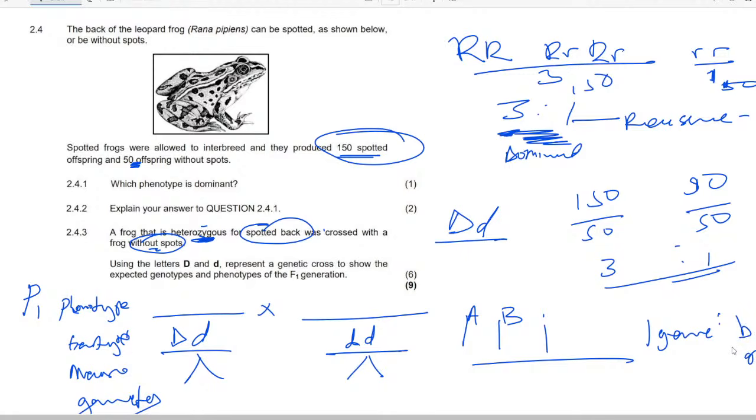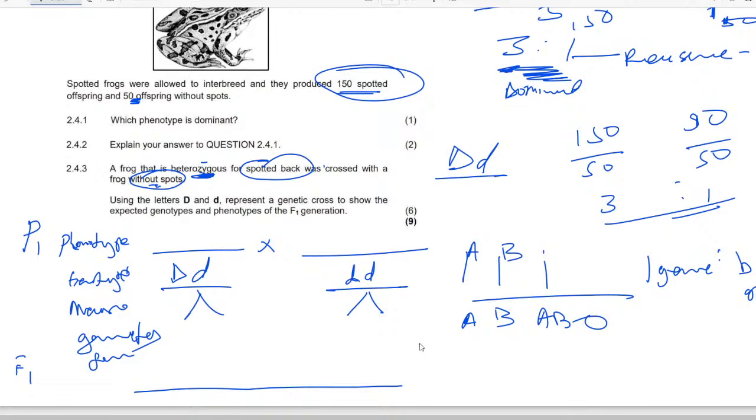And then how many phenotypes? The phenotypes are 4. That is blood group A, blood group B, blood group AB, and blood group O. And how many genotypes? Genotypes are 6. That is blood group A. Remember, blood group A can be homozygous or heterozygous.